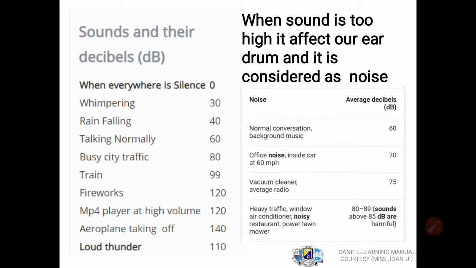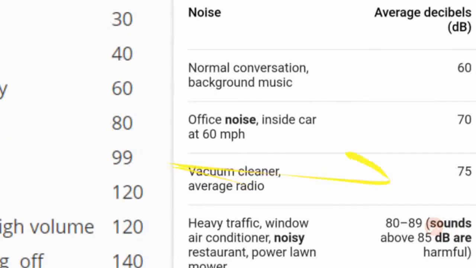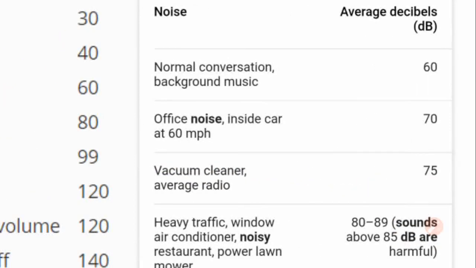The noise is considered in the following areas. When we're having a normal conversation and somebody is shouting above 60 decibels, it is noise. The person is making noise. The background music is noise. Office noise, inside a car, above 70.